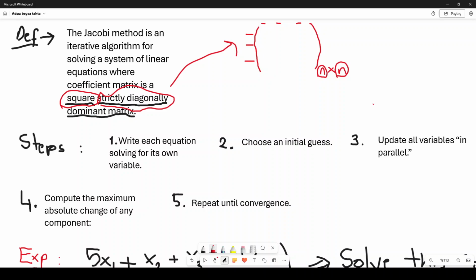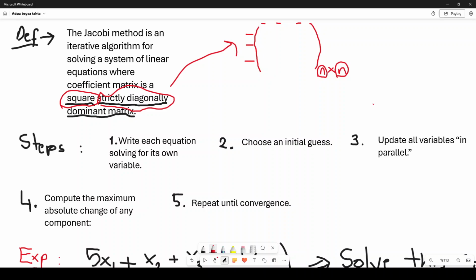Why? Because in the Jacobi method, we try to converge to the exact solution that we have not known previously. We just start with an initial guess and try to find that solution by iterating through the updated values of the unknown variables.